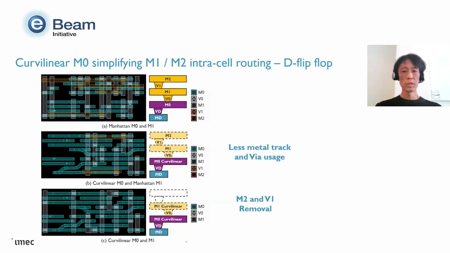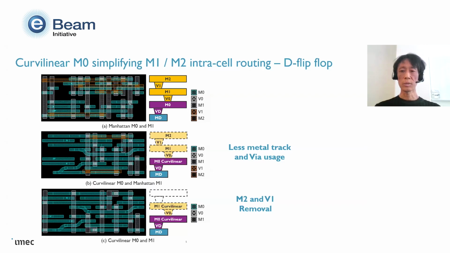In the middle, the M0 becomes curvilinear while M1 remains Manhattan. Routing congestion is reduced and the dependence on the upper metal layer is partially alleviated. Finally, on the bottom, both M0 and M1 adopt the curvilinear routing style.